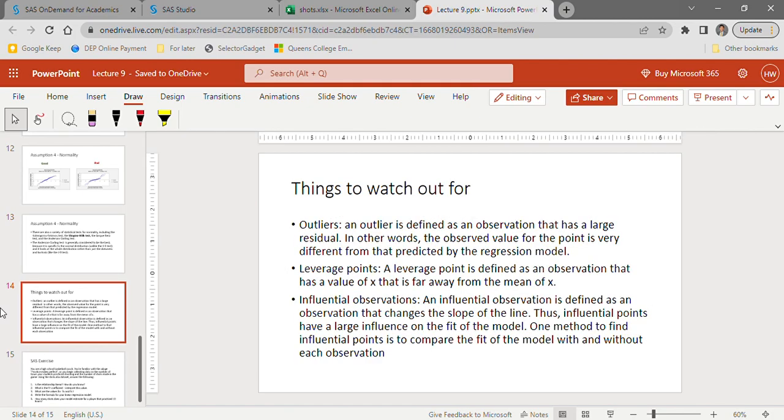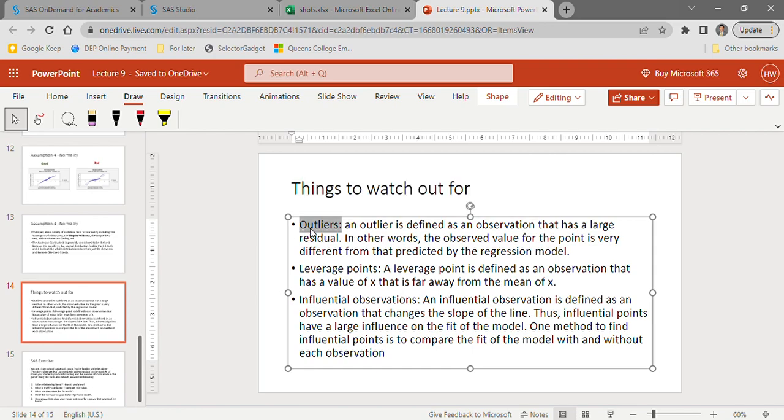So things to be really mindful of and things to watch out for: outliers, leverage points, influential observations, okay? These are the big key points right over here.